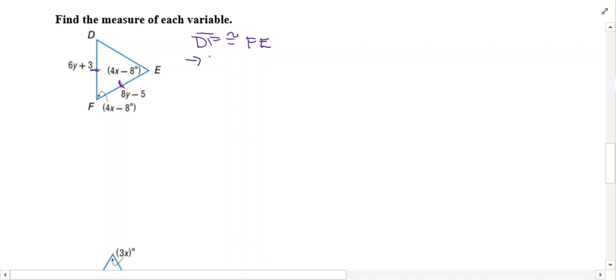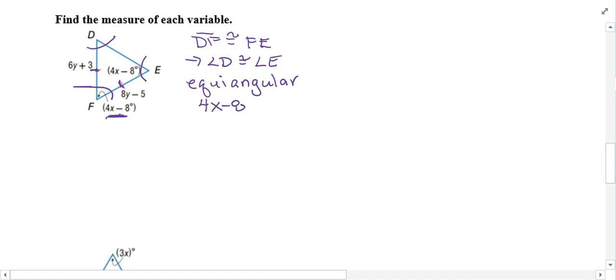So that gives us that angle D is congruent to angle E. So D has to be congruent to E, but we see here that E is also congruent to F. So we have a triangle that is equiangular, which means that each angle would have to equal 60 degrees. So 4x minus 8 equals 60, 4x equals 68, and x would equal 17.